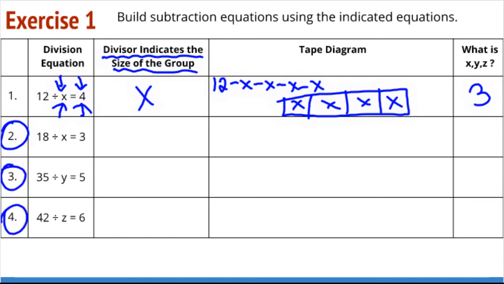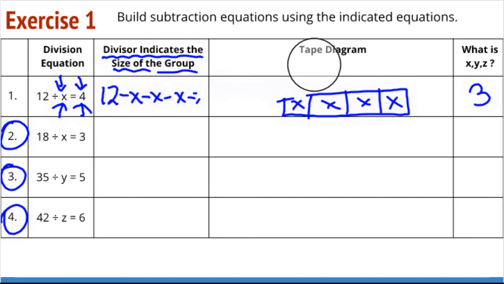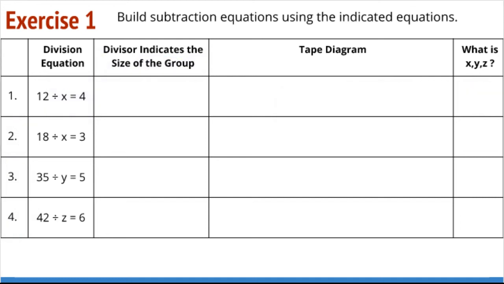Think about the expressions and number sentences that you would write. Might save you a little bit of space if you were to actually write your expression over here. That leaves you a little more room for your tape diagrams over here. So go ahead and complete that problem set there, exercise 1.